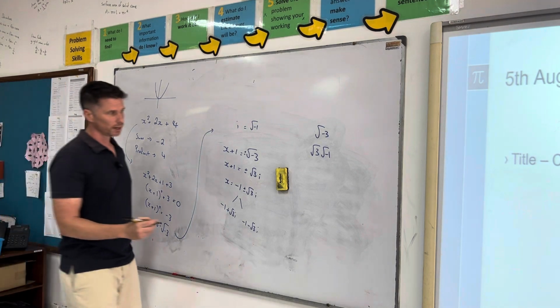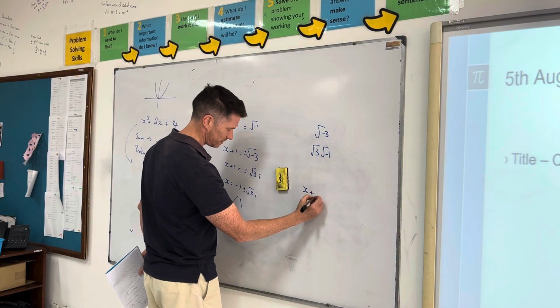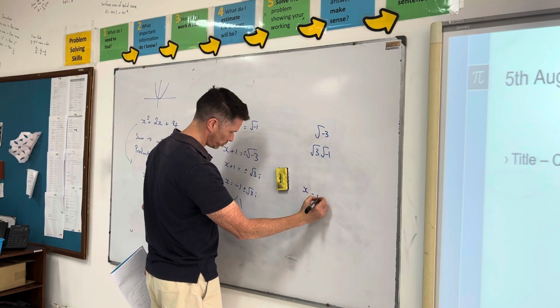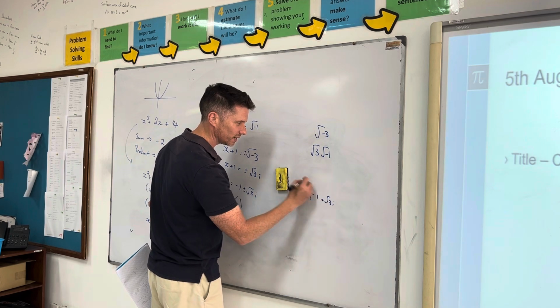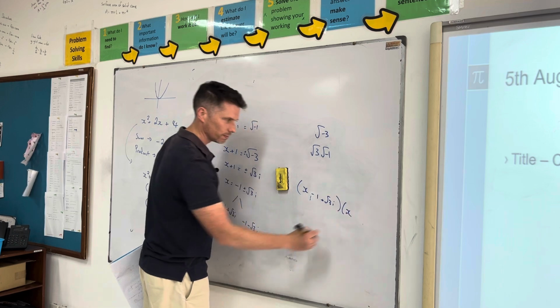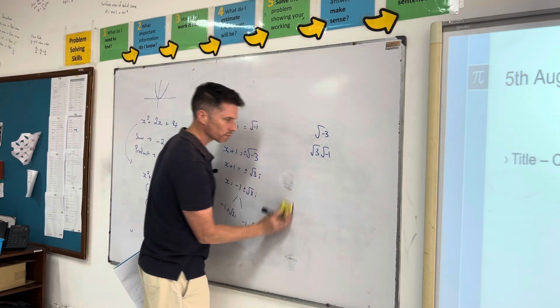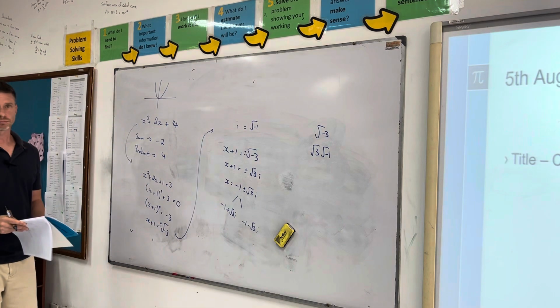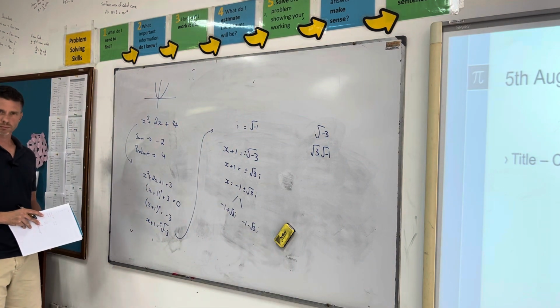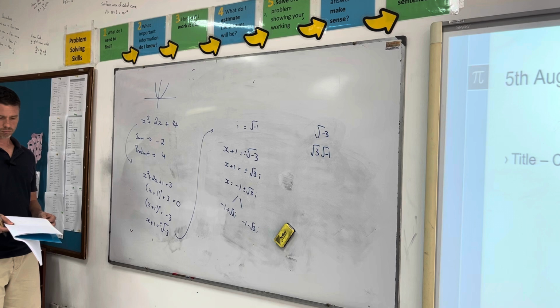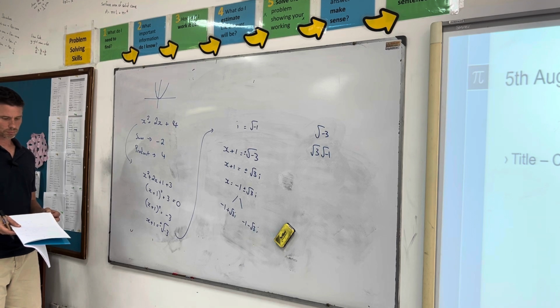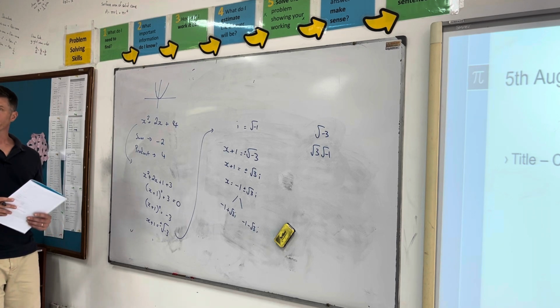Minus 1 plus root 3i times minus 1 minus root 3i. Okay, let's not multiply straight away.